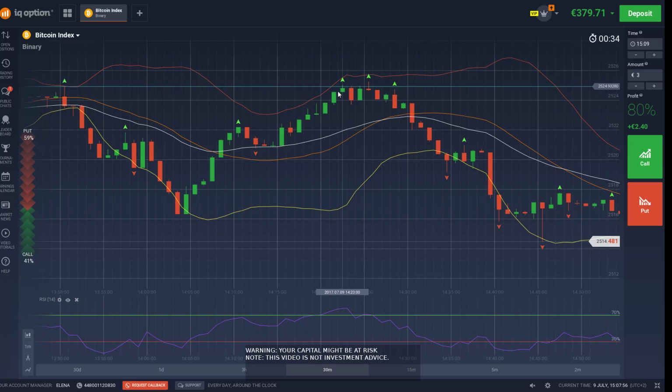So in this candle here, you would make a put, and you would have won. Then, if you're an aggressive trader like I am, you could again do a put here, and you would have won again.